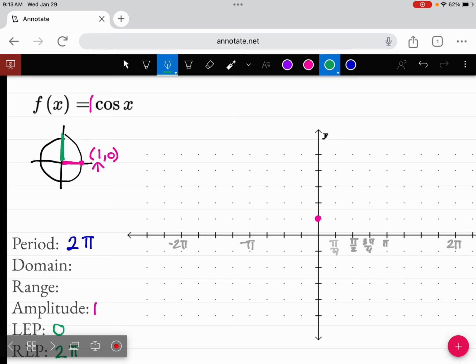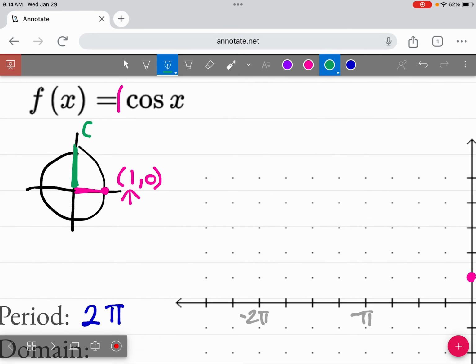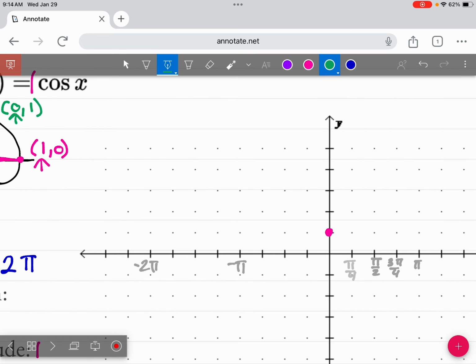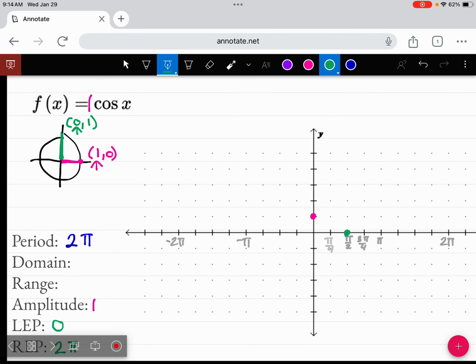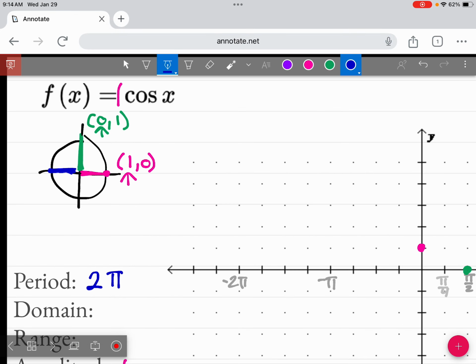When we're at angle pi over 2, what's our ordered pair? 0, 1. So what's our cosine? 0. It's our x's. So for pi over 2, we're down at 0. What is our ordered pair for pi? Negative 1, 0.